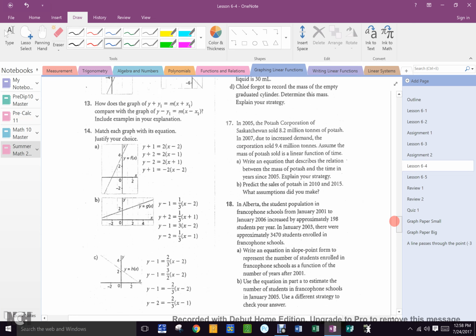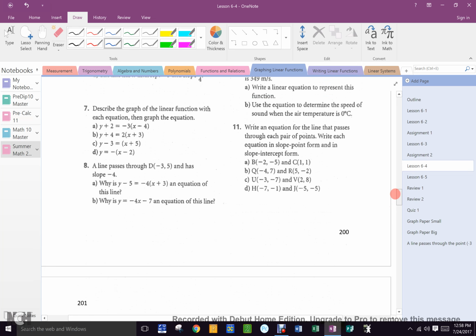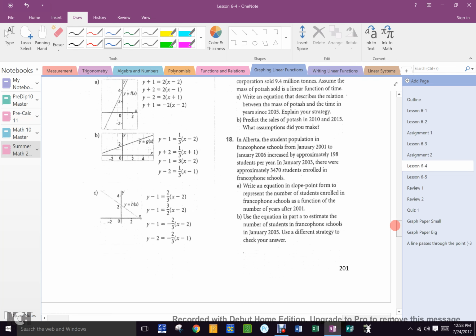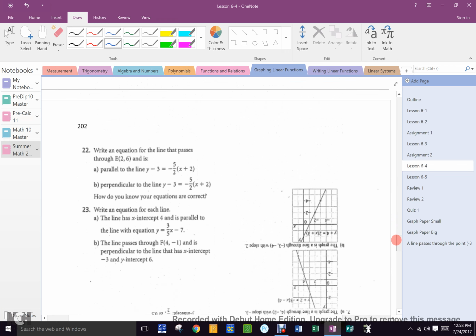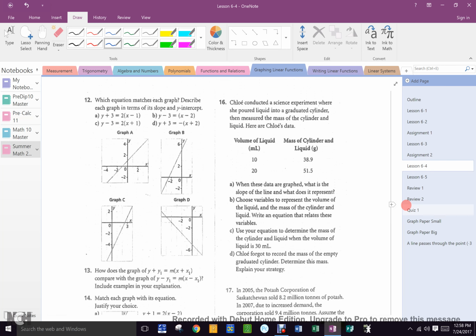You should be good at all of it, really. But if you really understand point slope form, then you should be able to do 16, 17, and 18 on 201. As always, there is the amount of homework that you wish you need to do to get the grade that you want to achieve. As always.